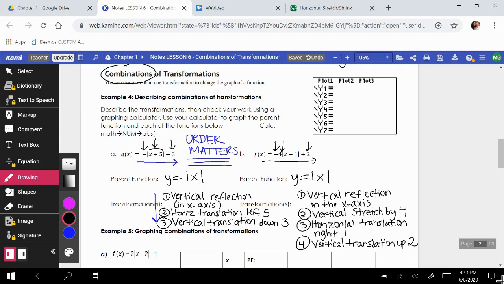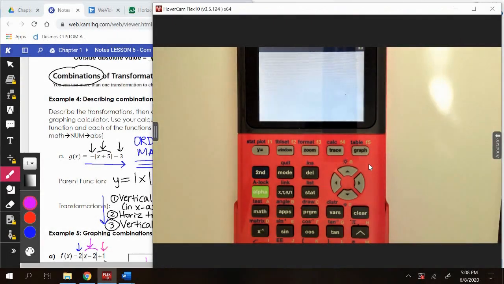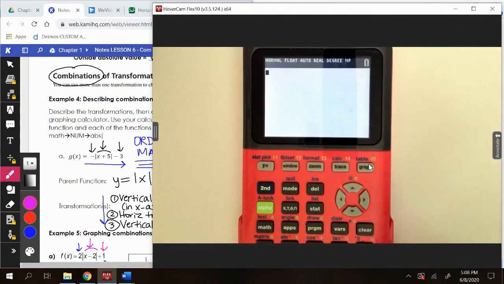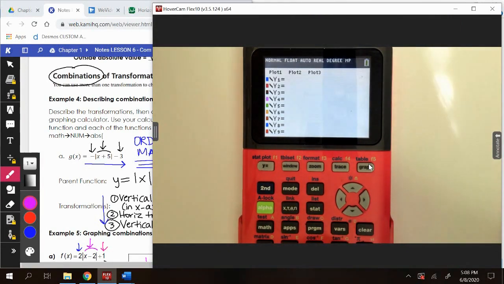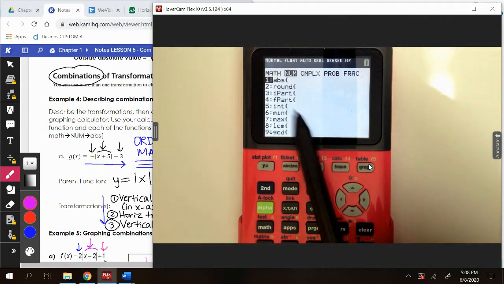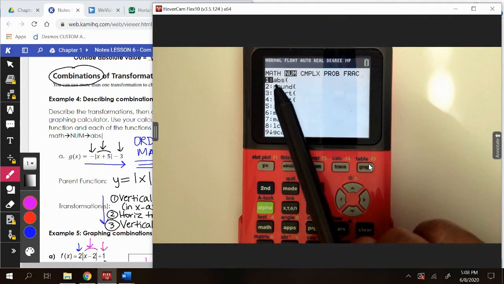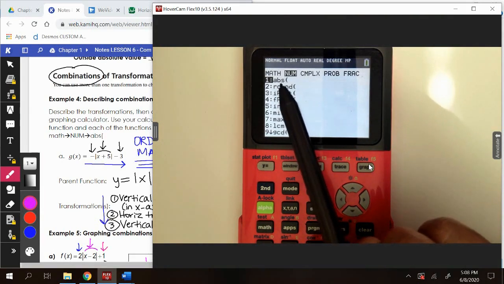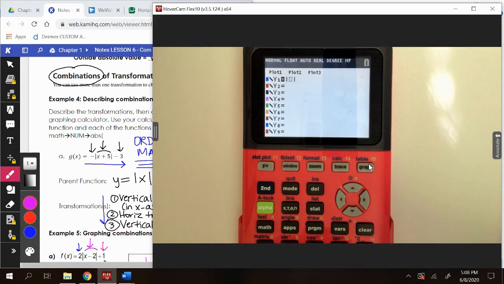Okay, so now go ahead and get out your calculators. Okay, now we're going to learn how to use the graphing calculator. So I want you to go into y equals. We're going to graph the parent function first. To do this, we're going to go to math, arrow over, so that NUM is highlighted, and see how there's an absolute value selection there. We'll press enter, and you should see absolute value bars pop up.